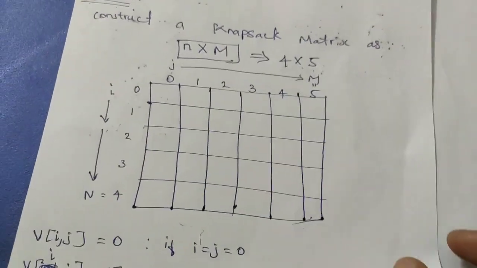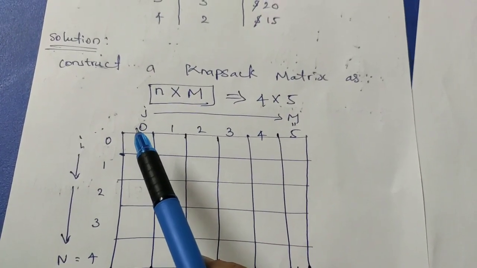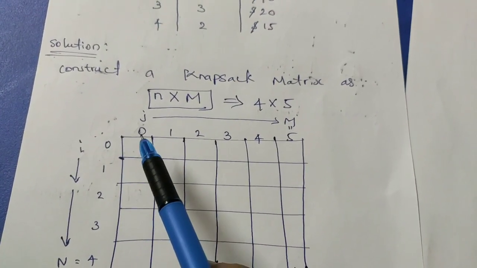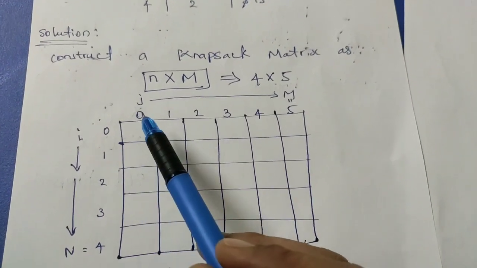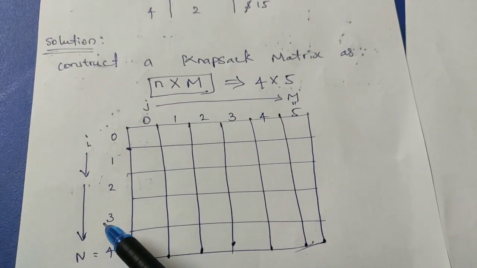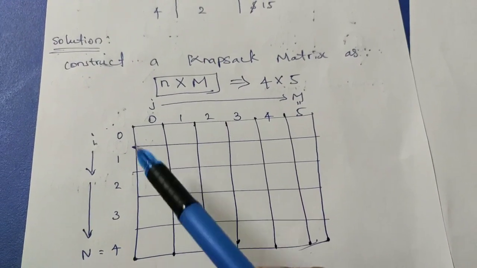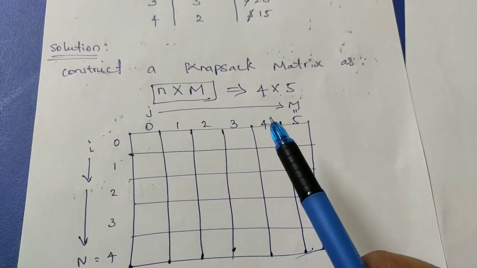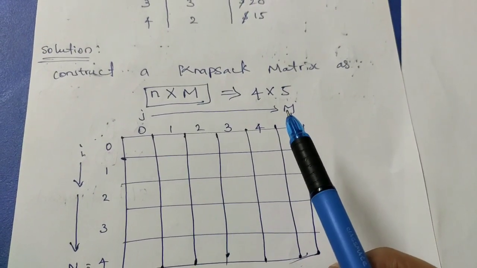While constructing the knapsack matrix, you need to start the row value as well as the column value from 0. The rows are numbered using the items. Columns are numbered using the capacity of the knapsack m.